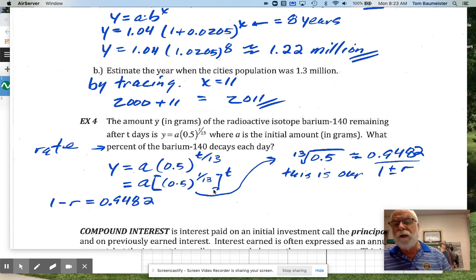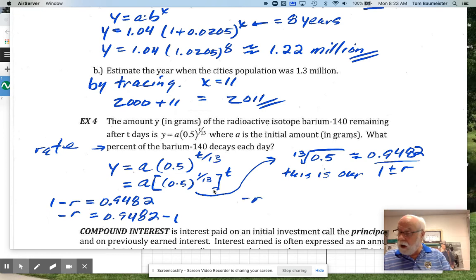And on these ones, you go to the 4 decimal places there. I think it'll make it easier for you. So then we're going to say negative R is equal to 0.9482 minus 1, or negative R is equal to negative 0.0518.